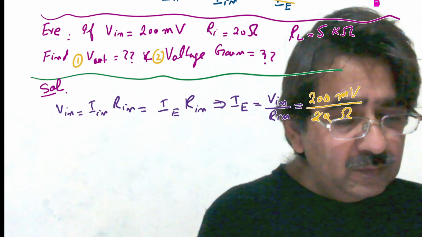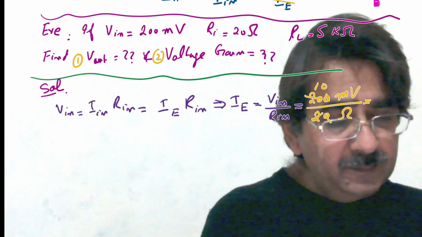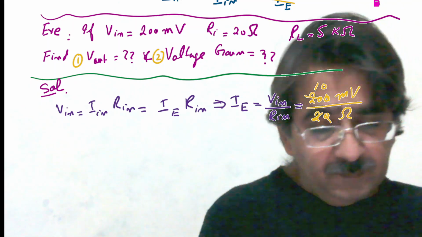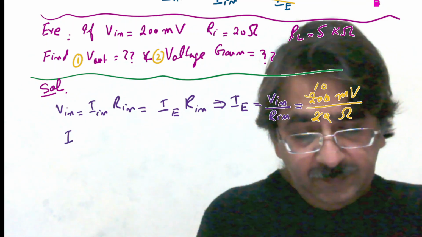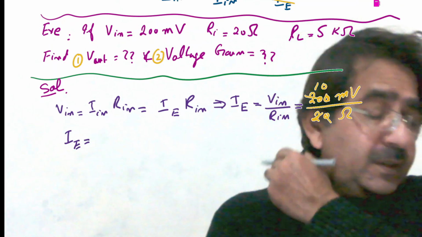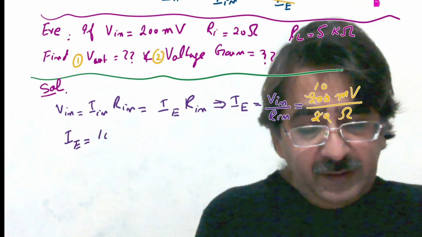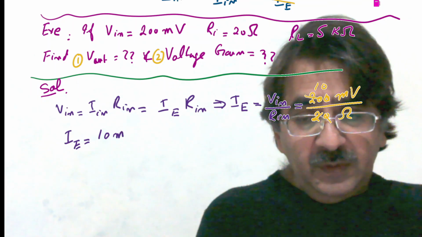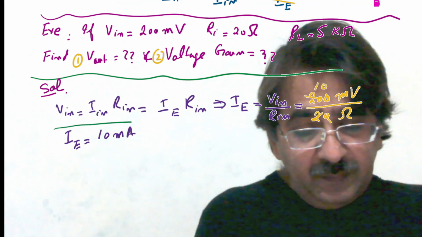So this implies that IE, the input current, will be equal to 10 milliampere.